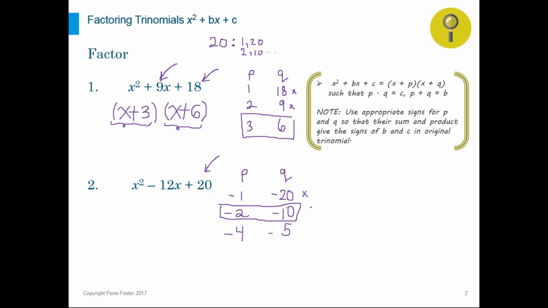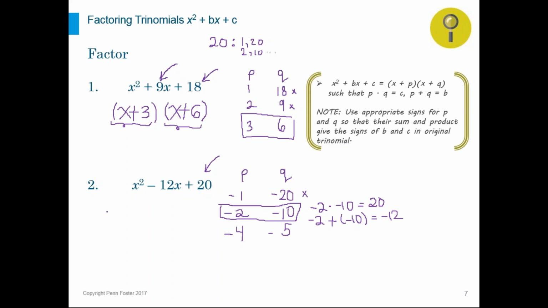And the reason for that is negative 2 times negative 10 will equal the C, which is positive 20. Remember, negative times a negative is positive. And also negative 2 plus negative 10 will give you negative 12, which is the B. So that's why I said that negative 2 and negative 10 would be the numbers appearing in our factors for this trinomial.